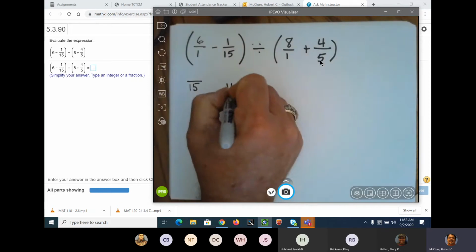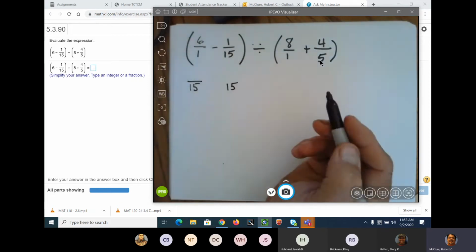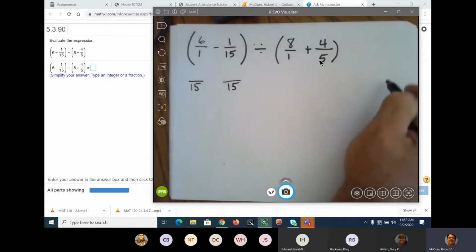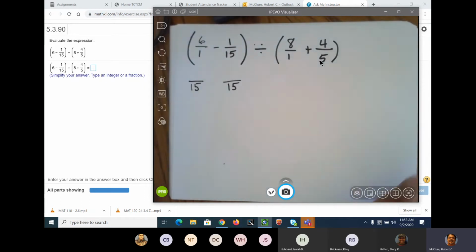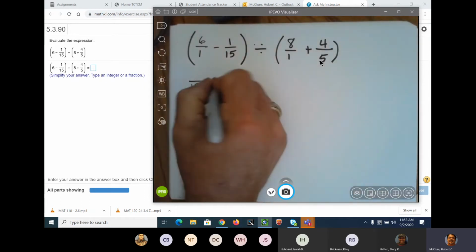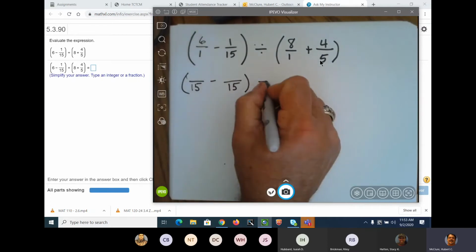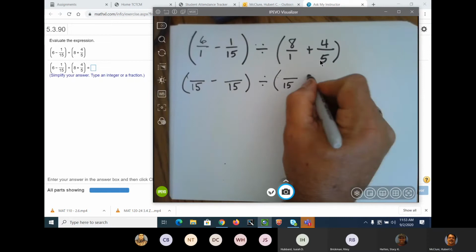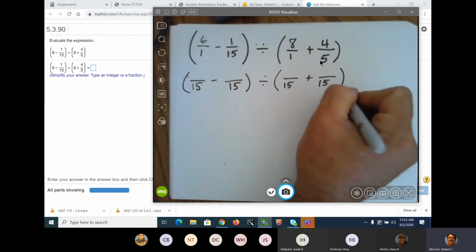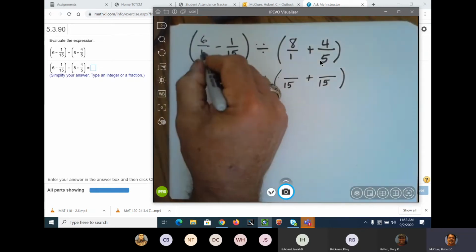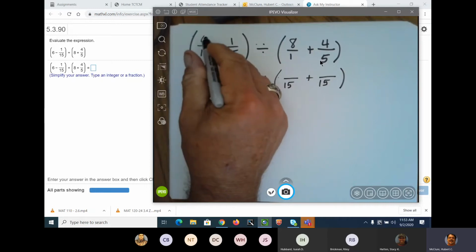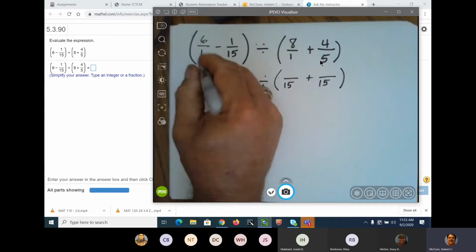Of course, you know that by looking at the 15 and the 5, but if you had to, you put 5 and 15 and get 1s on the bottom, which we went over in 5.1. 1 will go into 15 times. 15 times 6 is what? 90.